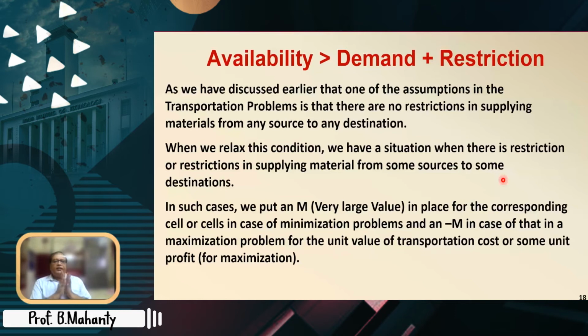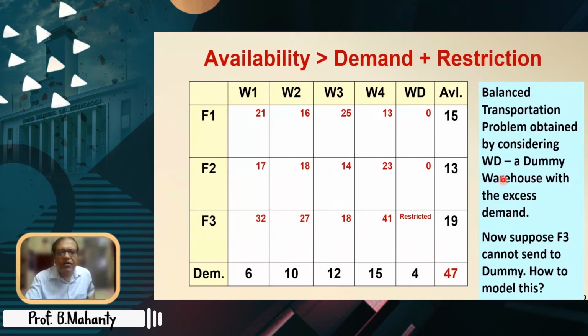The idea is that particular square, if you utilize it in transporting material, it is going to create a lot of costs, and therefore that square will not be viable at all.